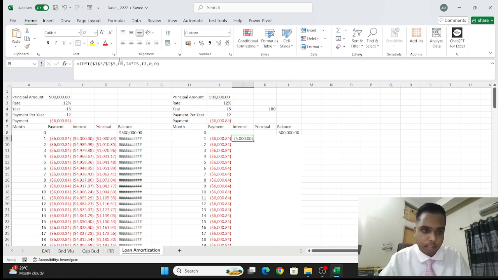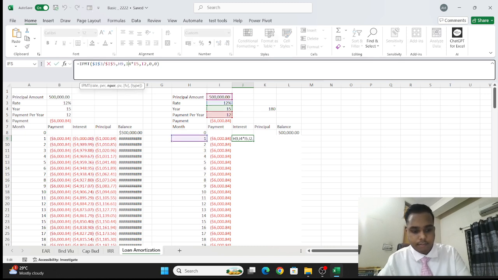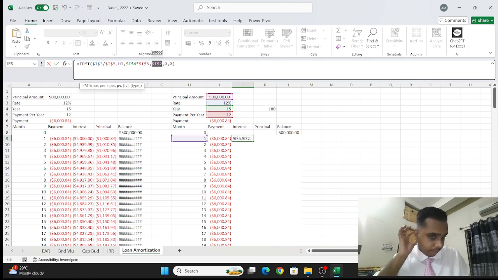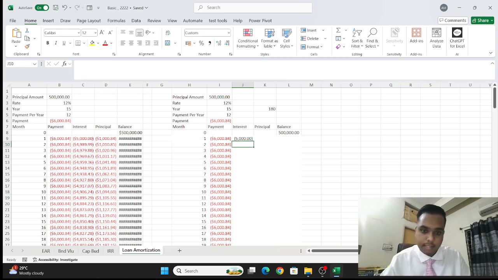This is our first month's interest. We will have to press F4, F4, F4, that means we have locked all the cells.